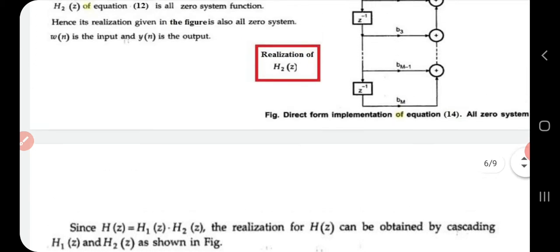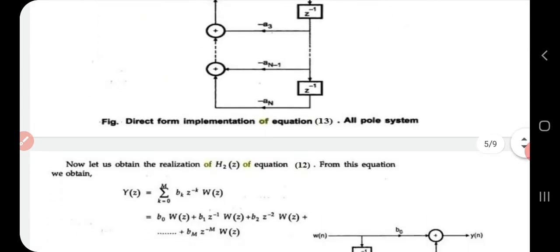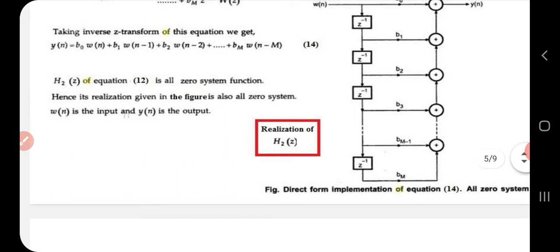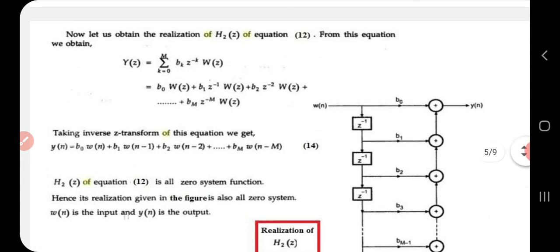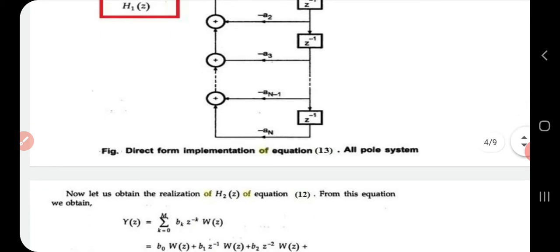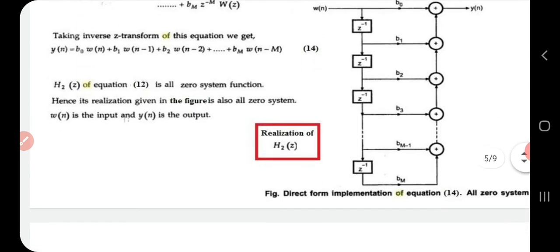realizations. Now here we have drawn realization of H1Z separately, then the realization of H2Z separately in case of direct form 2. So if you want to get the final or the overall direct form 2 realization, as said before, you have to join or cascade the realization of H1Z, that particular figure, with this particular figure, that is realization of H2Z.